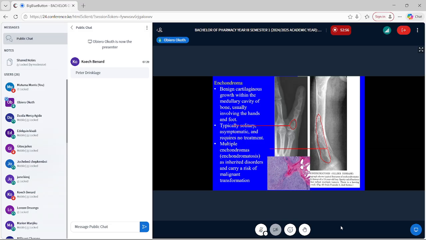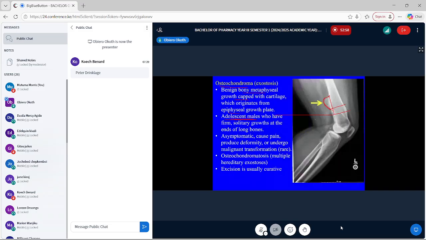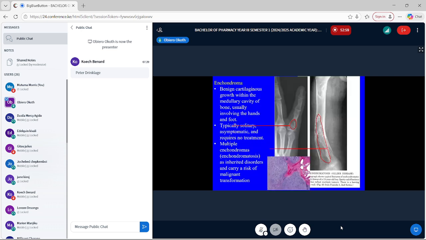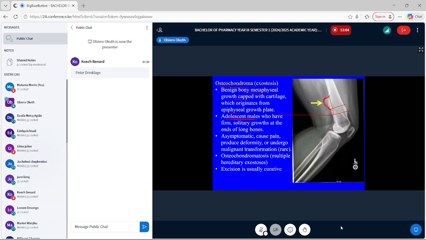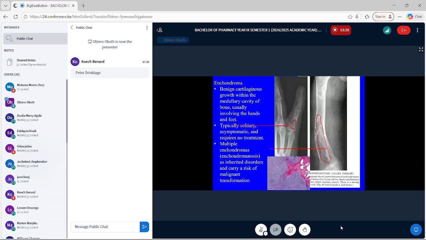You can see the difference between osteochondroma and enchondroma is where it is. If it's at the center, the word we use is enchondroma. If it is on the surface like this one, we use the term osteochondroma. Both of them are benign.